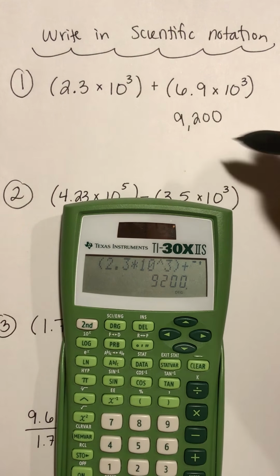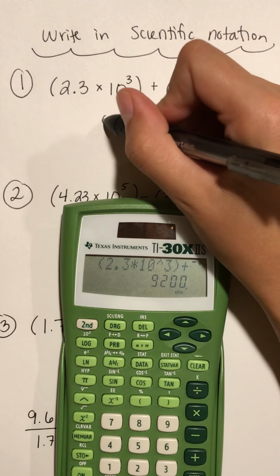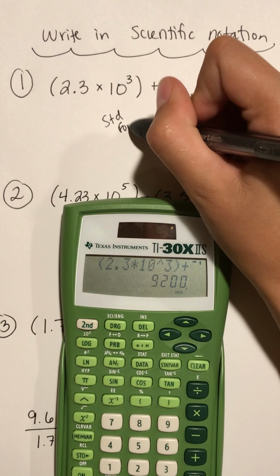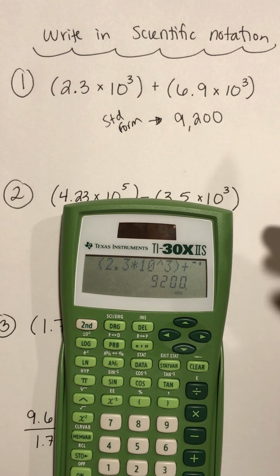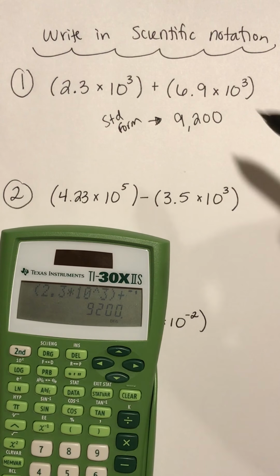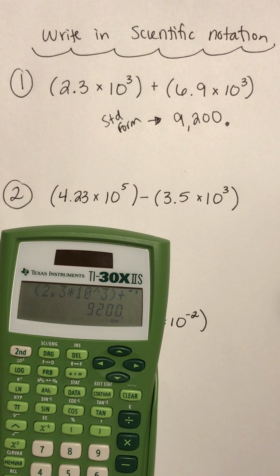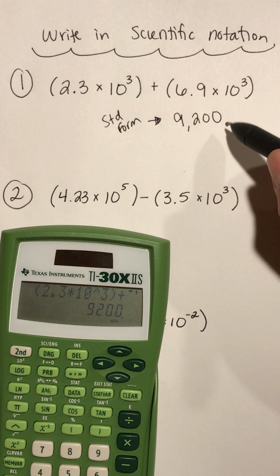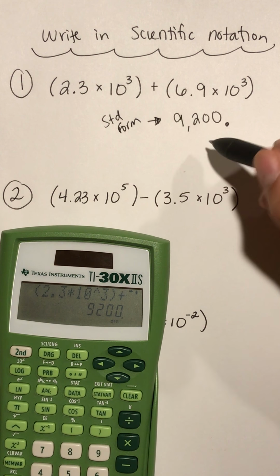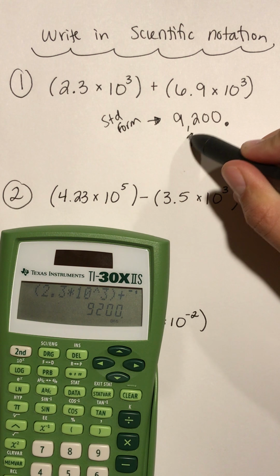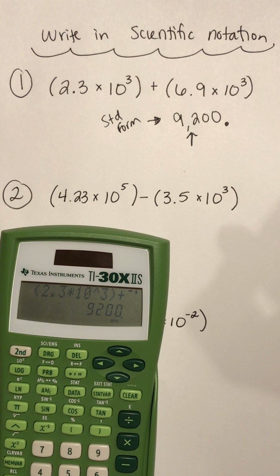9,200. Now this is, like I said, in standard form. If I want to put this in scientific notation, I need to start with the decimal, and if the number does not have a decimal point in it, it goes at the end. I need to hop my numbers until I get my new decimal between the 9 and the 2.